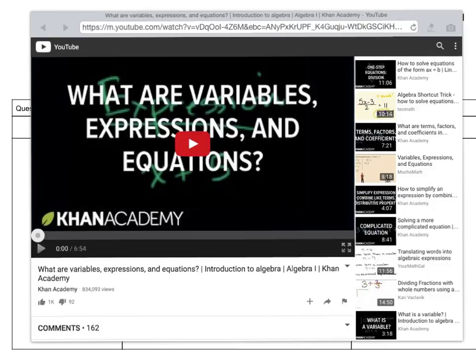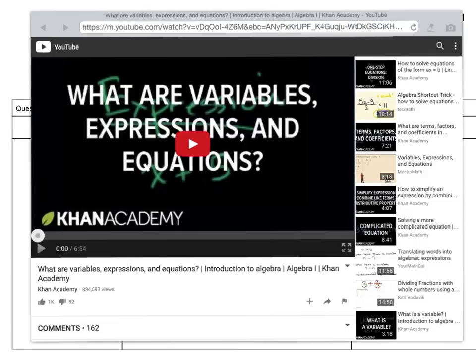If x is equal to, I don't know, negative 7, then x plus 5 is negative 7 plus 5, which is negative 2. So notice, x here is a variable, and its value can change depending on the context. And this is in the context of an expression.